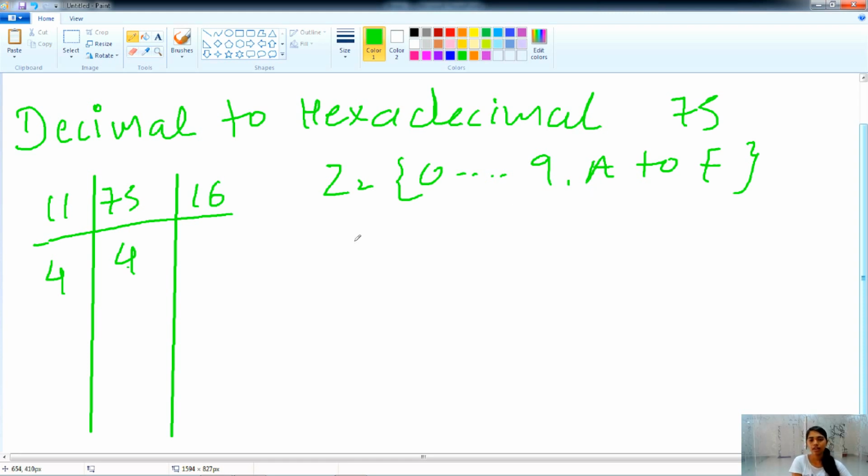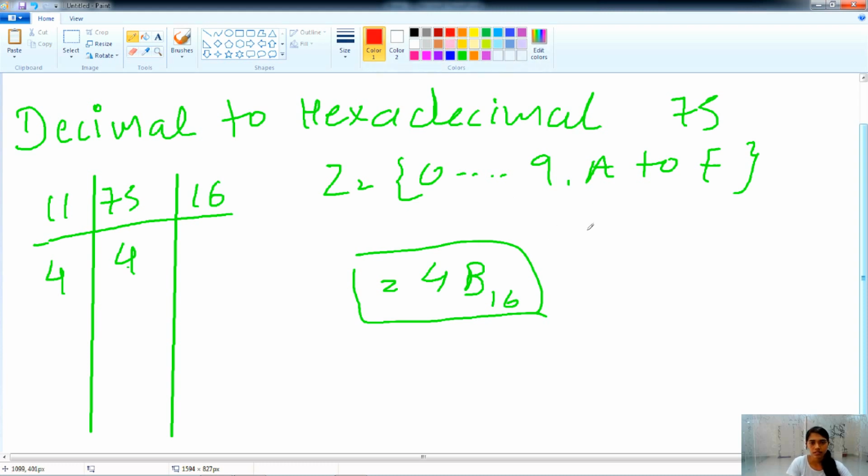So for 11, our number that we would get is B. So our answer is 4B. Base as 16.